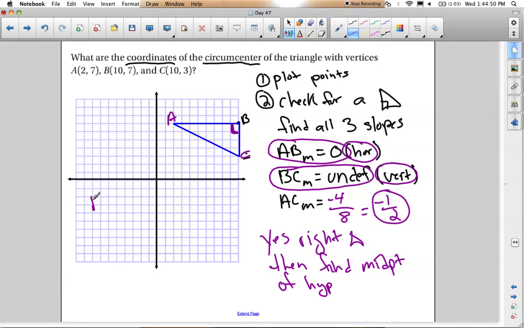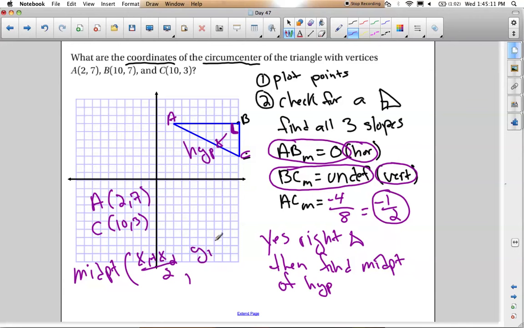So, if point A is at 2, 7, point C, and again, here's my hypotenuse. Hypotenuse is across from the 90 degrees. C is 10, 3. My midpoint formula: my midpoint is x1 plus x2 over 2, y1 plus y2 over 2.